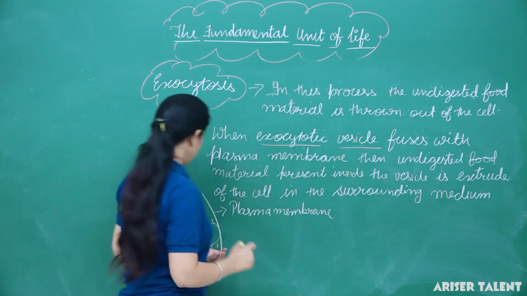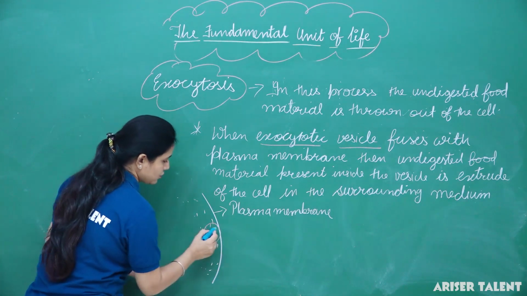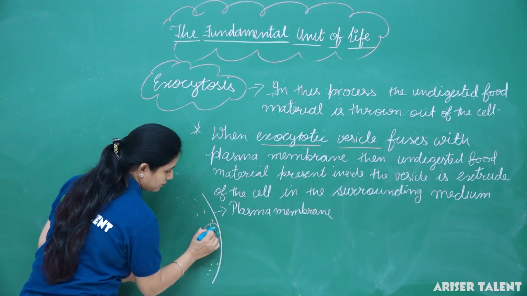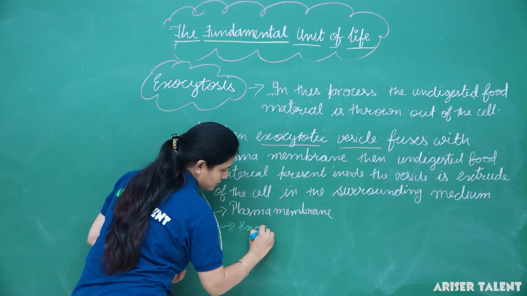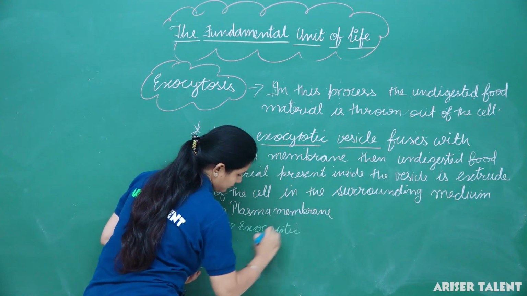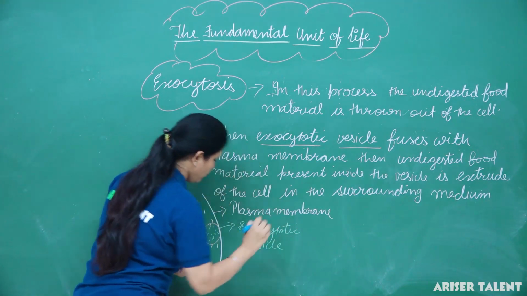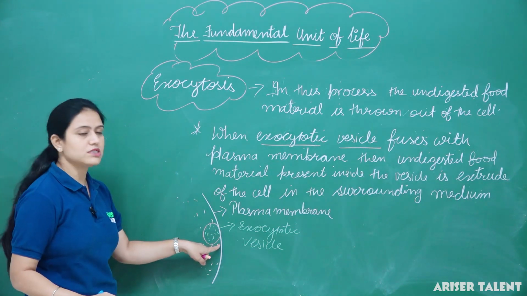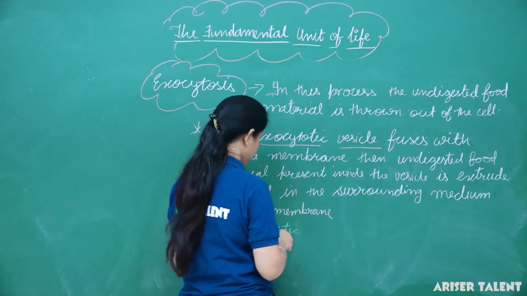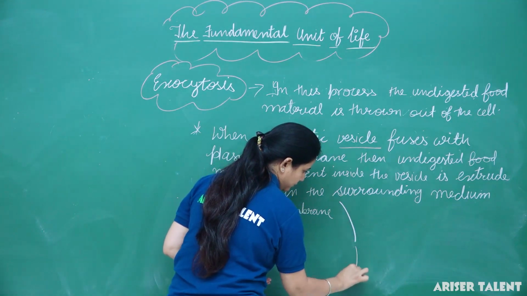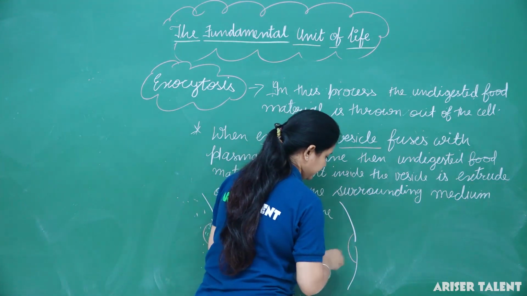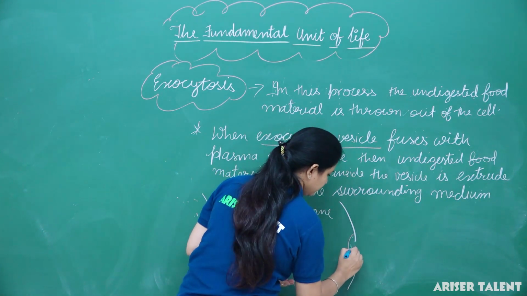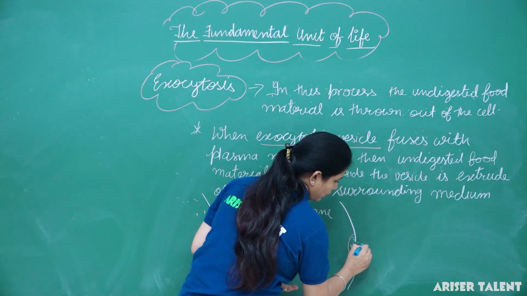The exocytotic vesicle. When this exocytotic vesicle fuses with the plasma membrane, then what happens? We can see here, it opens, then this material is thrown out of the cell.